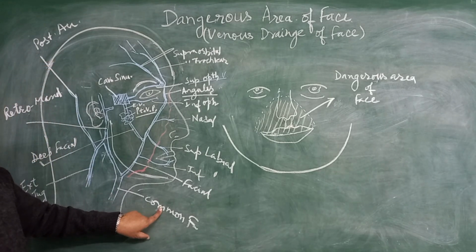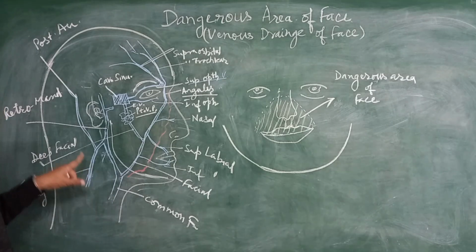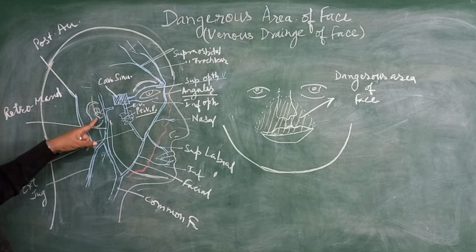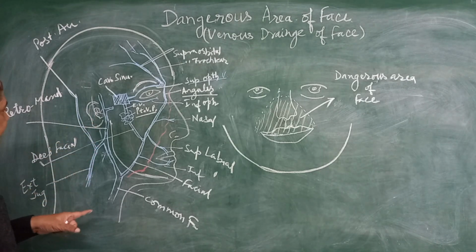So remember that the common facial vein drains the blood coming from the face into the internal jugular vein. There is one more vein here, which is lying just behind, or posterior to, the auricle. Okay, this is the auricle, the external ear here.